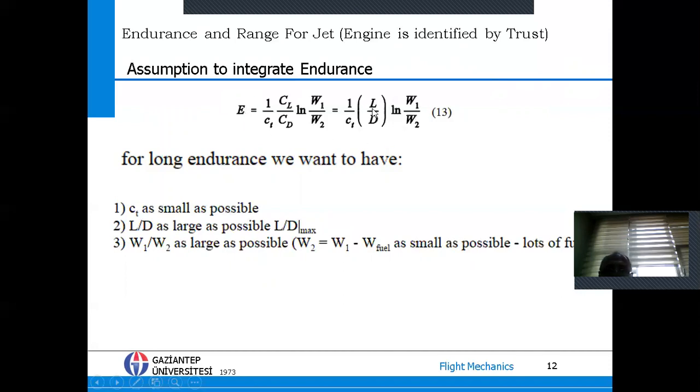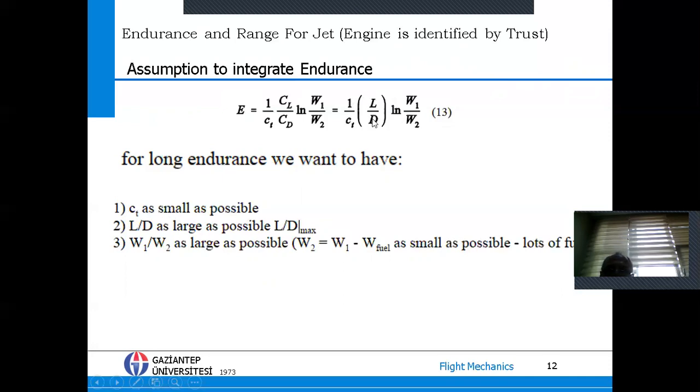So let us discuss term by term. The first term here, we need to have CT as small as possible. Of course, this is the fuel consumption of the engine. When you have a very good design engine, the engine consumes very little fuel.